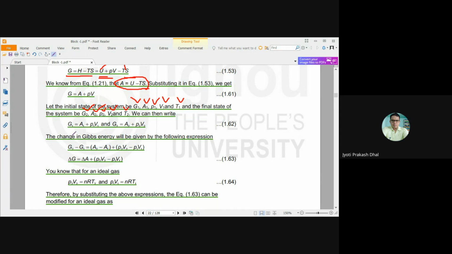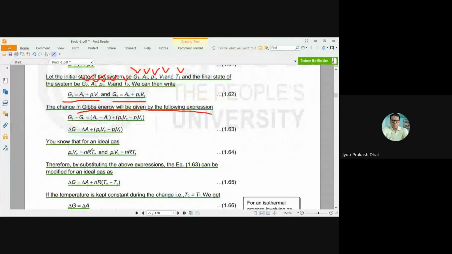So we can write G1 equals A1 plus P1V1 and G2 equals A2 plus P2V2. Then the change in Gibbs energy is given by G2 minus G1 equals A2 minus A1 plus P2V2 minus P1V1. So that is delta G equals delta A plus P2V2 minus P1V1.